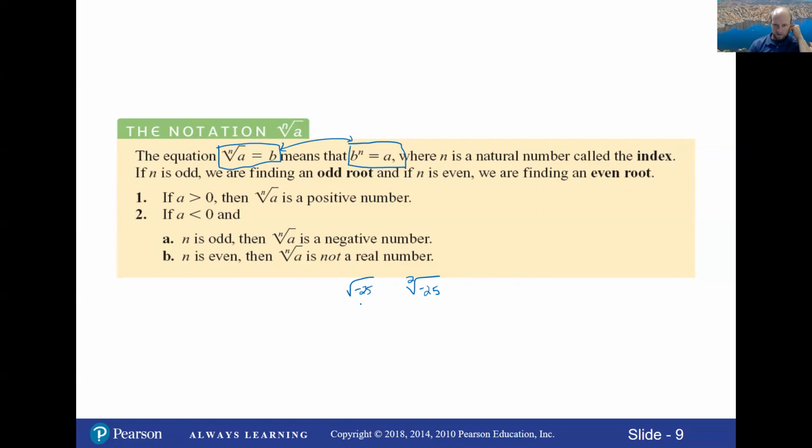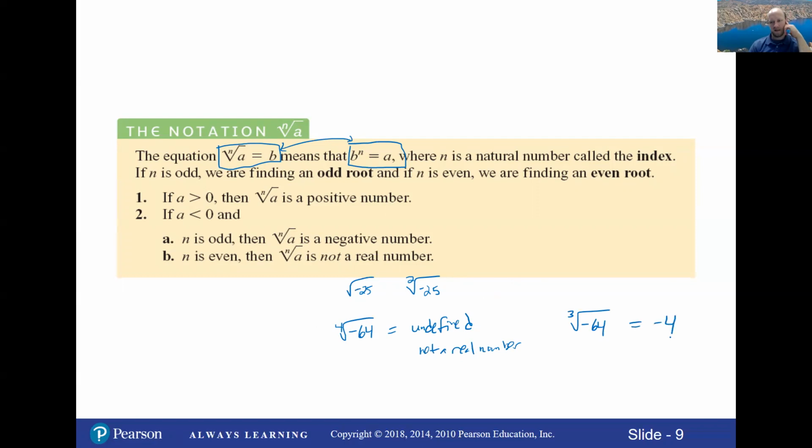Same thing like with if I tried to take the fourth root of negative 64, that would also be undefined or not real. Not a real number. But I can take the cube root of negative 64.